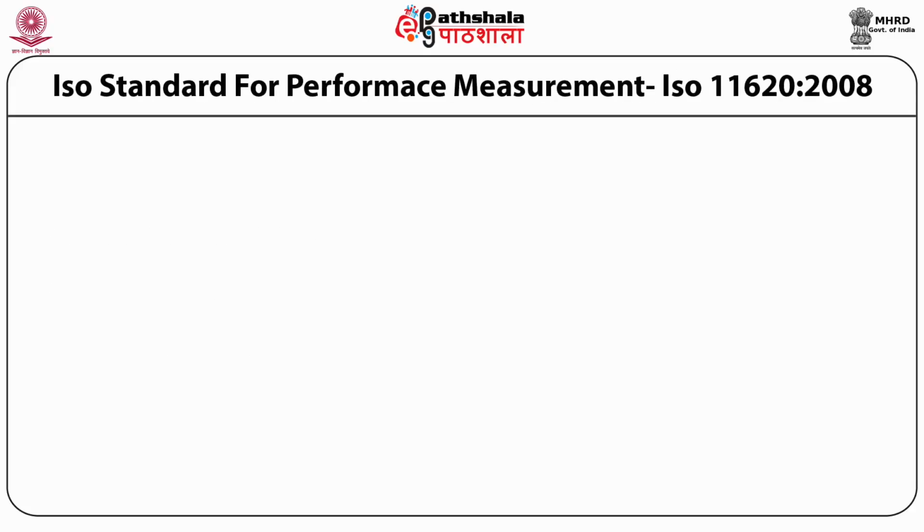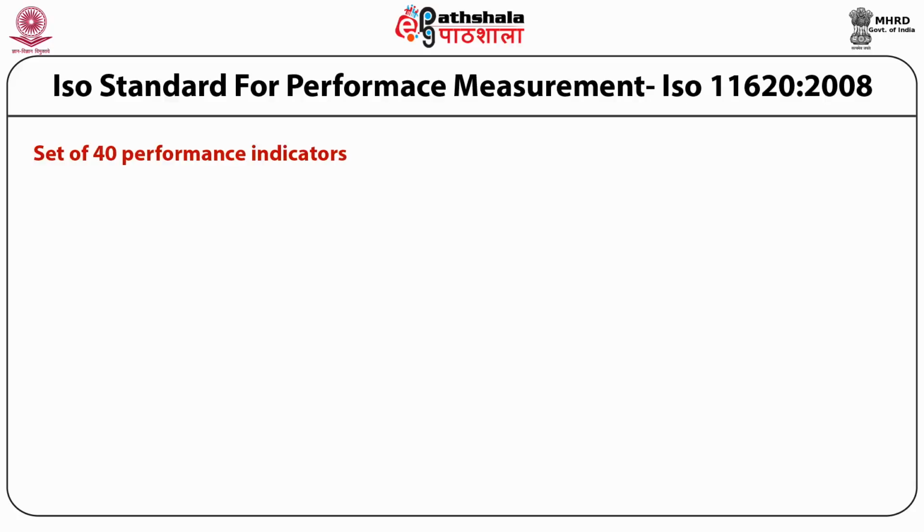There is an ISO standard which provides a set of 40 performance indicators for measuring the efficiency of a library. The standard specifies 4 broad areas for measuring the efficiency of the library.